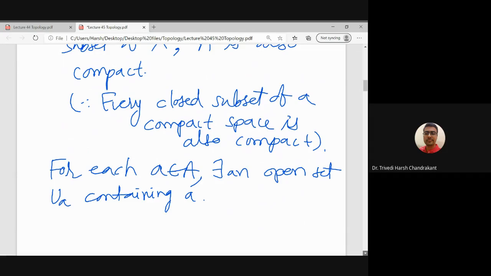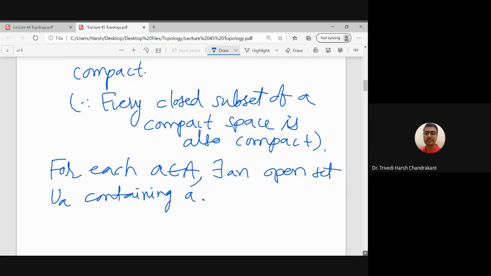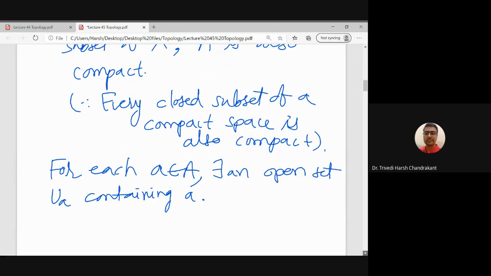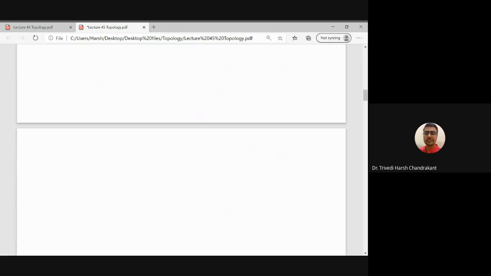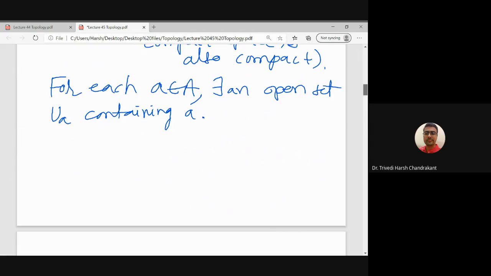Right. This happens because we can select a basic open set around every point. So every point a has an open set which contains that particular point, and that set we are denoting by U_a for every a.